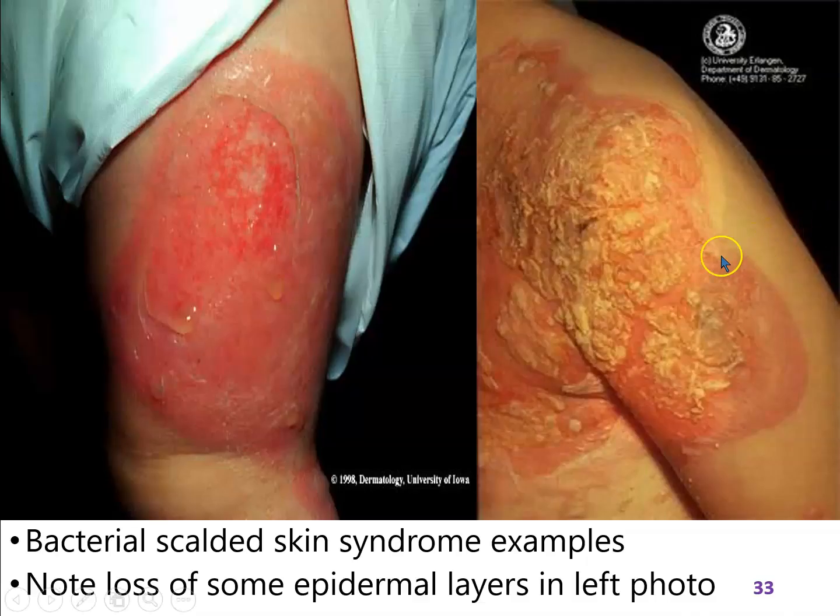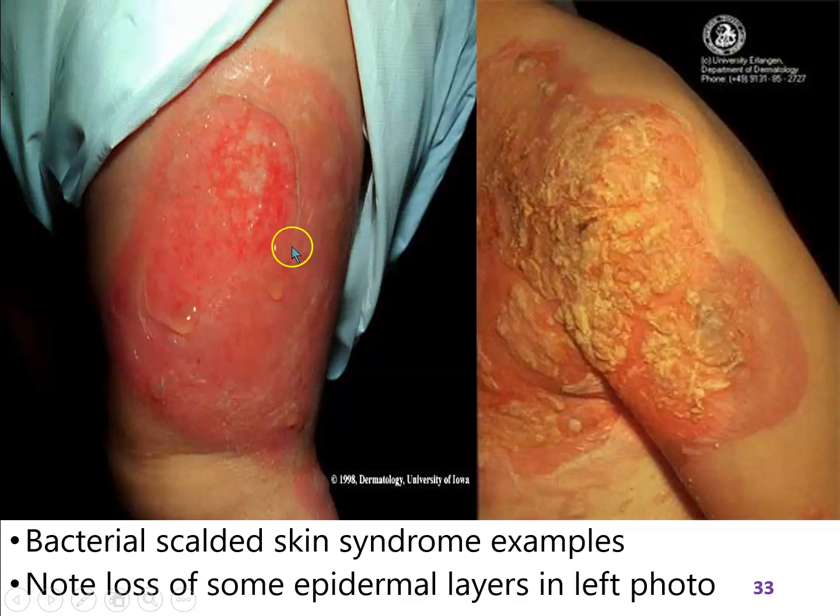So here's what it could look like in an adult, where there are just large regions of exfoliating skin. And so this picture, I think it shows a simpler situation that's easier for me, at least, as a non-clinician to understand, because I see this line here where it appears that layers of the epidermis, some layers have disappeared.